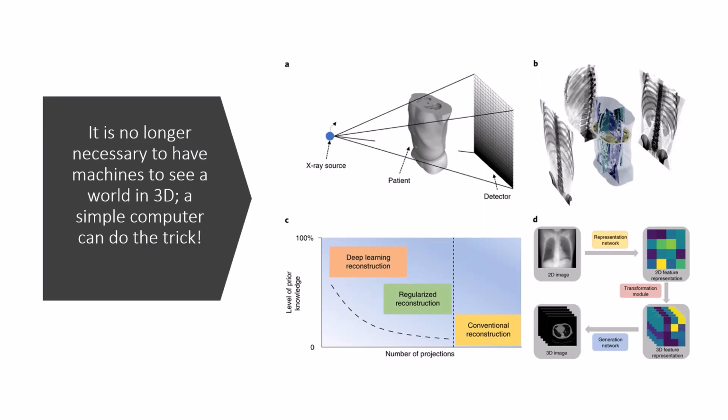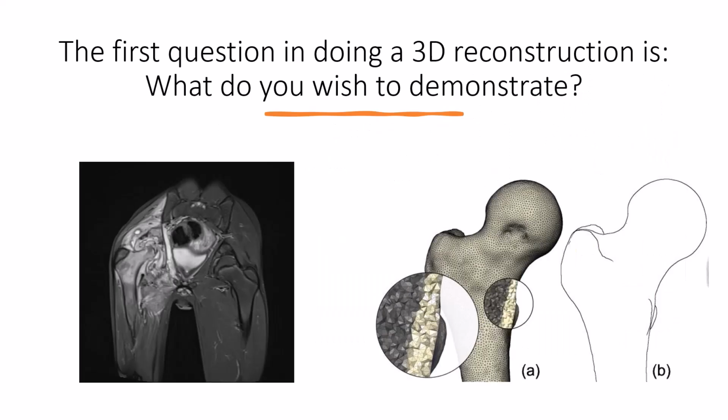Today we can record the world in 3D using a simple computer trick. We no longer have to manipulate machinery and use multiple images, as we did in the olden days of stereoscopic X-ray. To maximize the use of the imaging algorithms, the first question when getting a 3D reconstruction is, what do you wish to demonstrate?